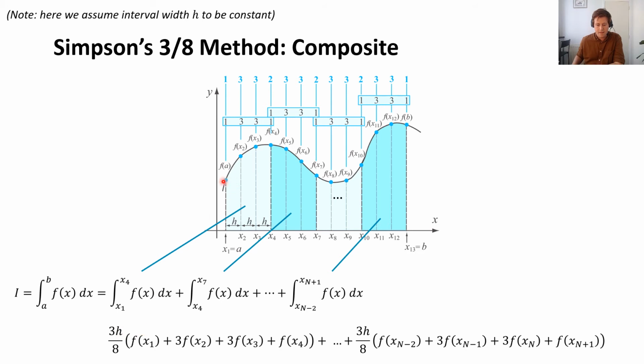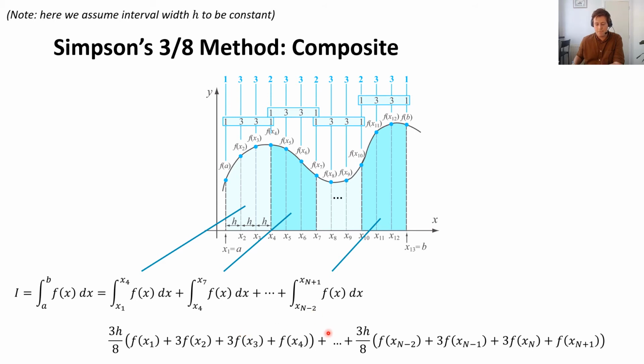We have the left-hand side once, we have the right-hand side once, and then we have these 2 points in the middle, in between the left-hand side and the right-hand side of the area that we're computing here. Those have to be added 3 times, corresponding to what Simpson's 3/8 method tells us to do.